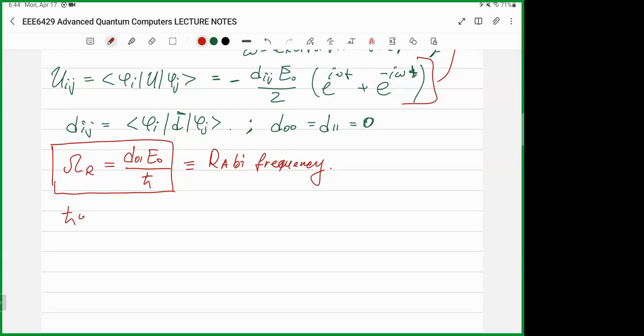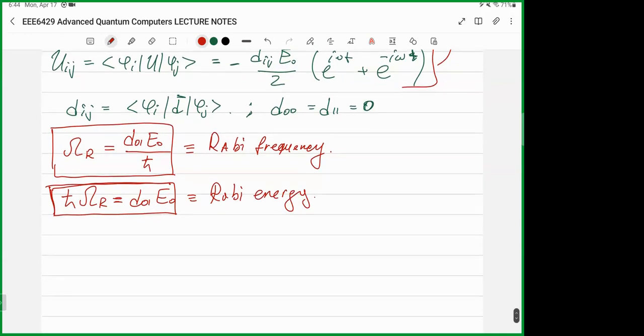So the Rabi energy would be equal to the product of the dipole moment and the amplitude of the electric field. So this is the Rabi energy.